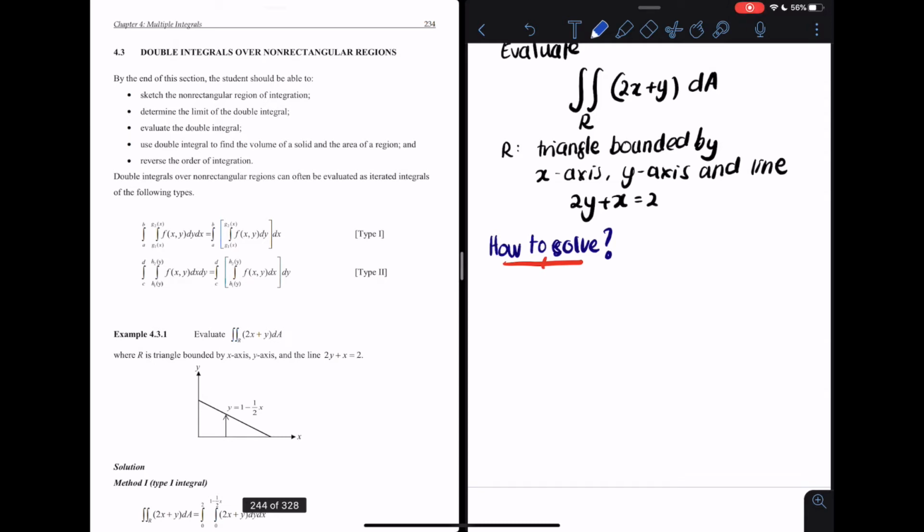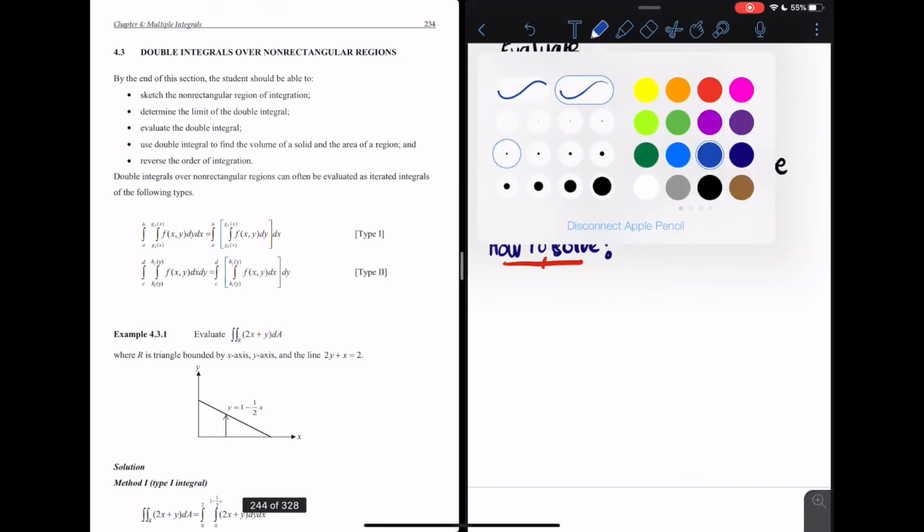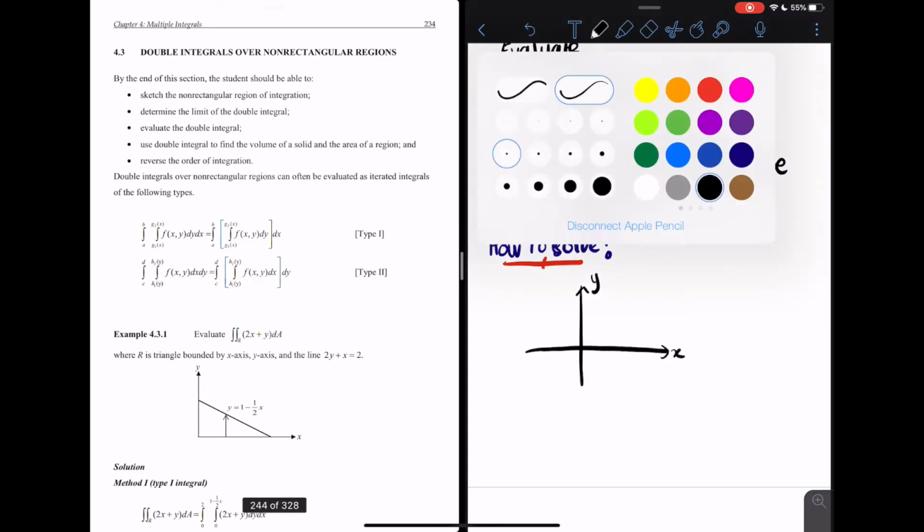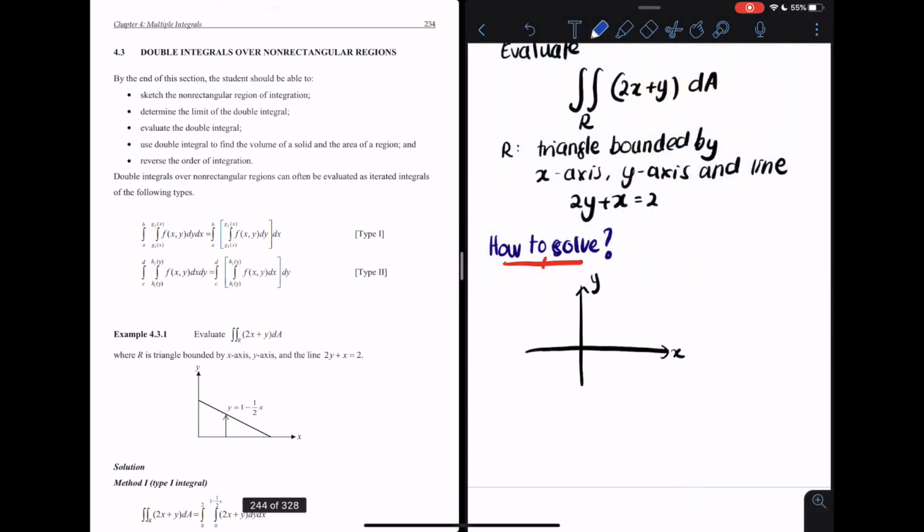As mentioned earlier, region R always lies in a two-dimensional coordinate system. When we have a two-dimensional coordinate system, we have two axes, the y-axis and the x-axis. As mentioned by the author, this region R is bounded by the x-axis. So here is your x-axis and this is your y-axis.